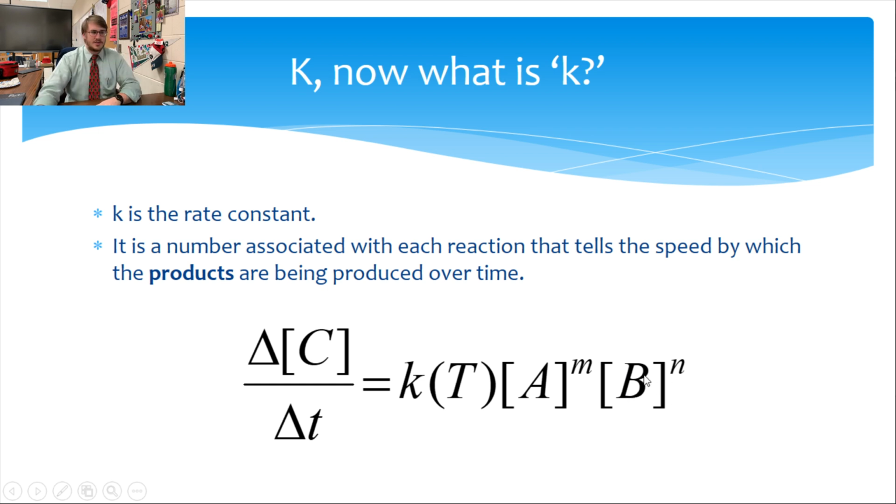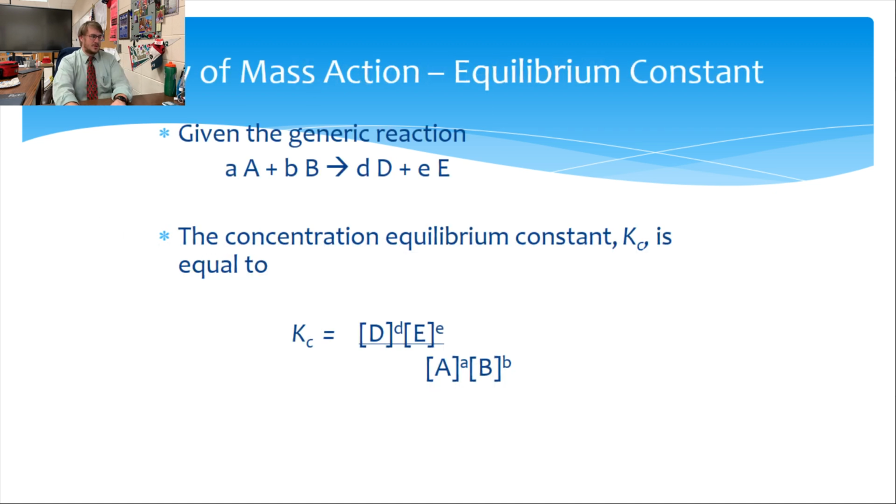Of course, as many products as necessary, we could add letters here. The next one would be C and o, if we had a third product being formed. In this case, two products are typical. So a product A and a product B, and m is the coefficient that goes with A, and n is the coefficient that goes with B. Make sure you understand what I just said right there.